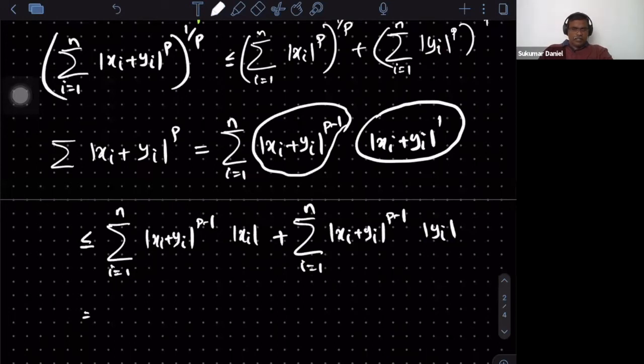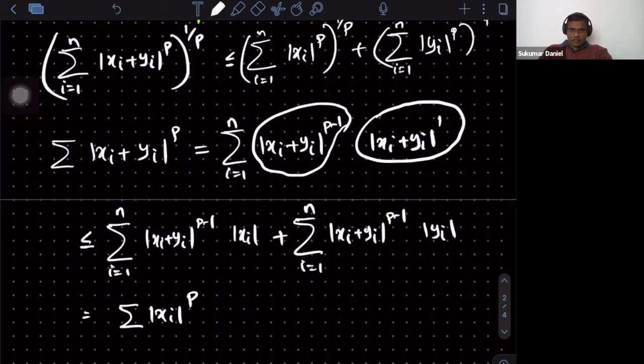Now I use the Hölder's inequality for this. Can you tell me what do you get in this case? So this is like xi and this is like yi. So two terms, consider a and b, so it is a power p and this power q. So maybe you can change the roles and then write the mod xi in the front if you want, and then take it to the power. So I write this as mod xi power p. Or in other words, what is the precise Hölder's inequality I can use?